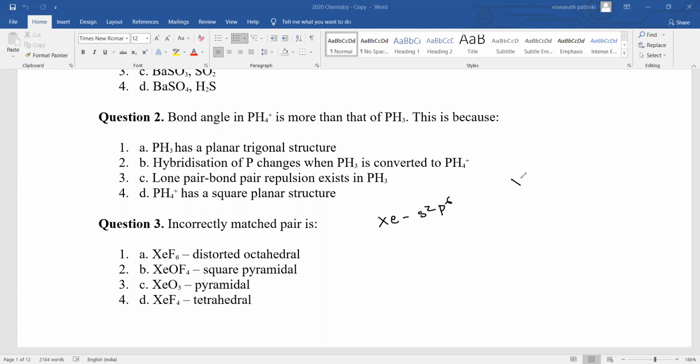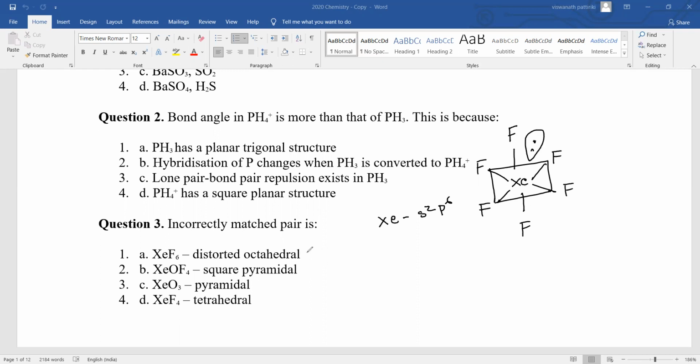If you see XeF6, this is the structure of XeF6. So 6 electrons are used and we have 2 more electrons. These 2 electrons will be like this.